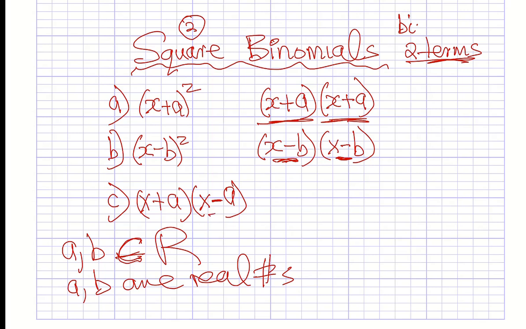Okay, so notice that this is a binomial, a polynomial of 2 terms, times a binomial, a polynomial of 2 terms, okay? So yeah, these are the things we want to deal with. We want to deal with x plus a times x minus a. There's a kind of special, you see.